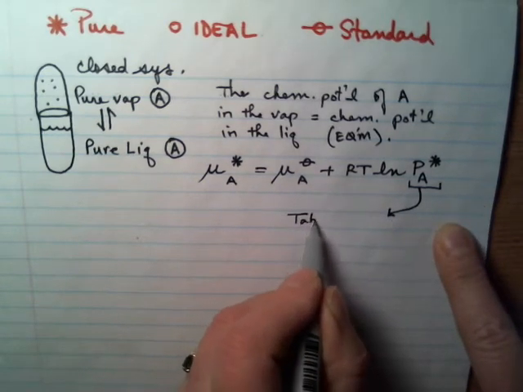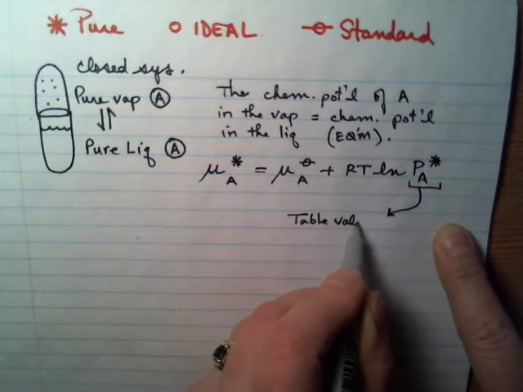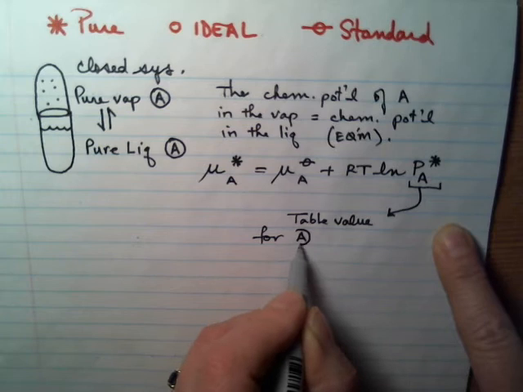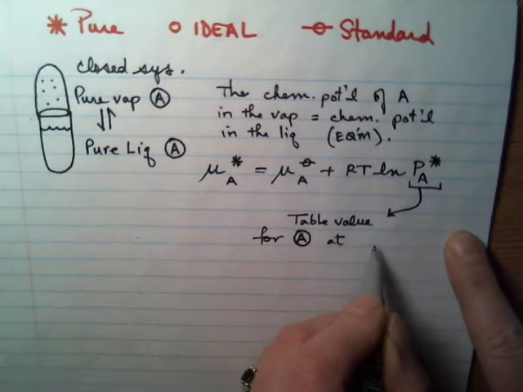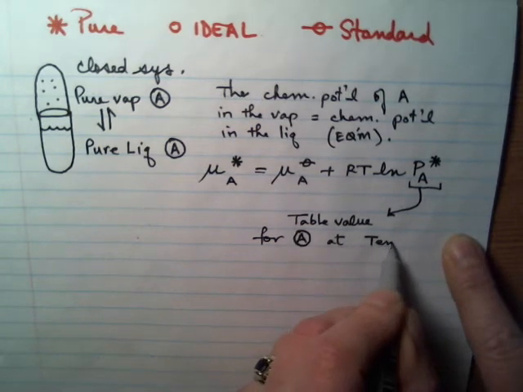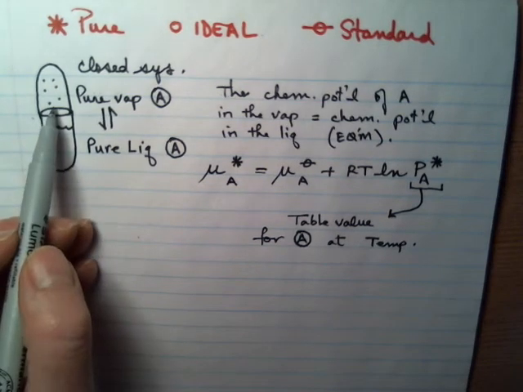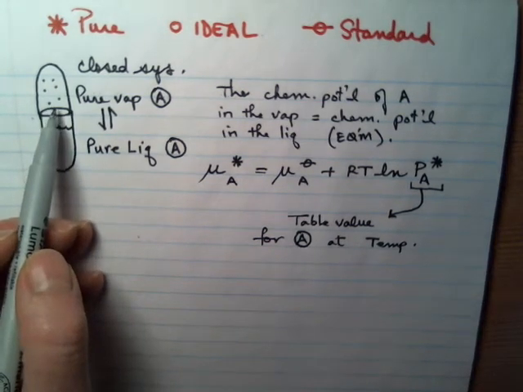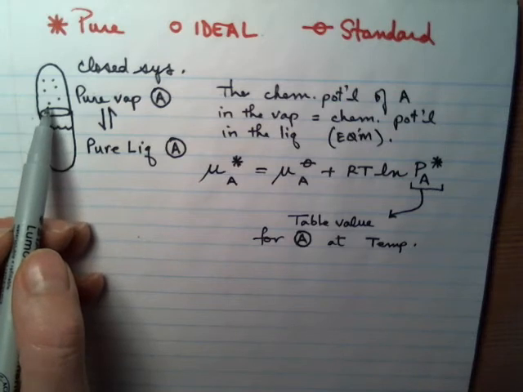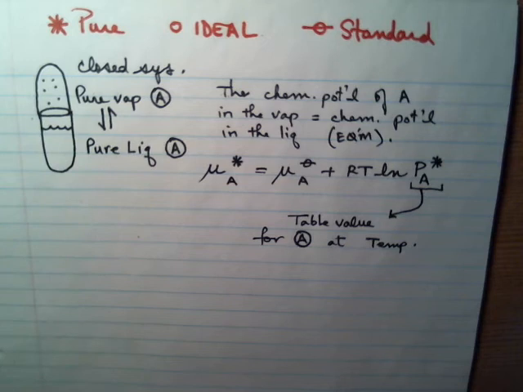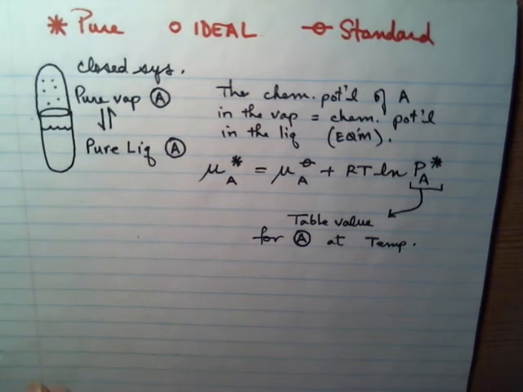This is a table value. So I would look it up for liquid A at that temperature that's given. This is the vapor pressure. So water, for example, has a certain vapor pressure at a certain temperature when it's just above its own liquid. So that's something that I can look up.